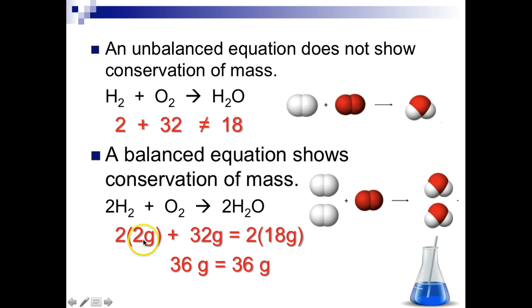So we have 2 times the 2, which gives us 4 grams, plus O2, which has a mass of 32, 16 times 2 is 32, and that's going to be equal to 2 waters. Because now when we balance this equation, in order for us to have the same amount of hydrogens on the left and on the right, we need to add an additional water. So instead of just having a single water with 18 grams, we're now dealing with 2, which would be 36. So we have 36 grams on the left, and that is definitely equal to 36 grams on the right.